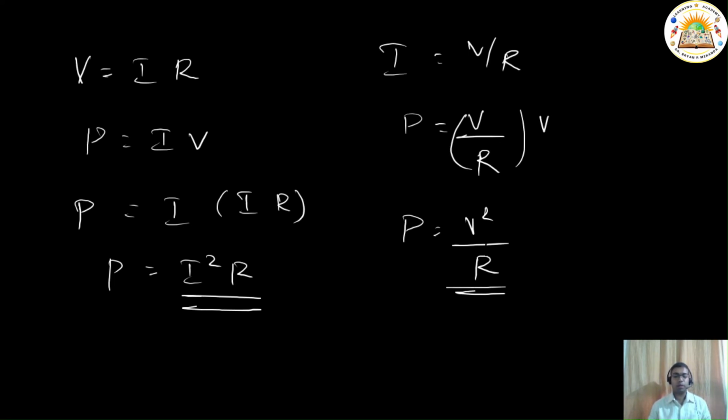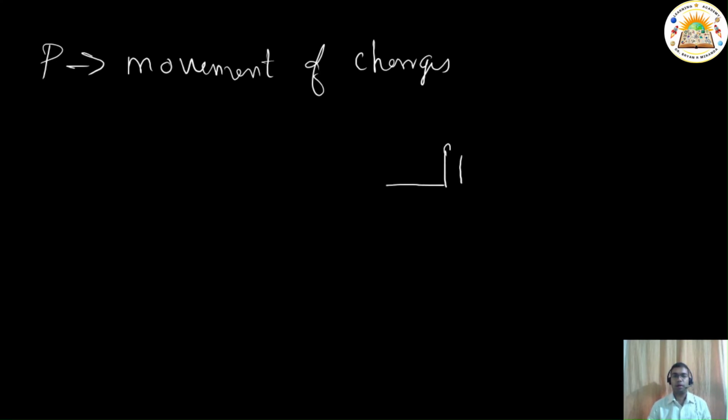Now the question arises, from where does this power come? So this power that is there comes basically from the movement of charges. So if I take, let's say, a bulb, and if I connect it to a battery, the bulb is going to glow as soon as I have the battery connected.